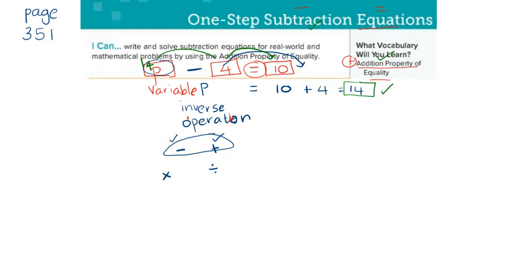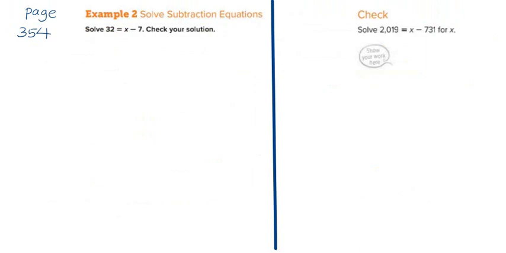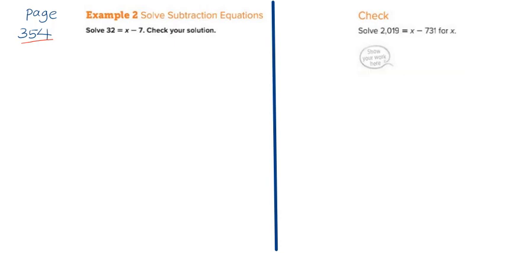Right, so let's move on to the first example, which is on page 354. The question says solve 32 equals x minus 7, and then check your solution. So x is the variable being used, which means this is the missing number.